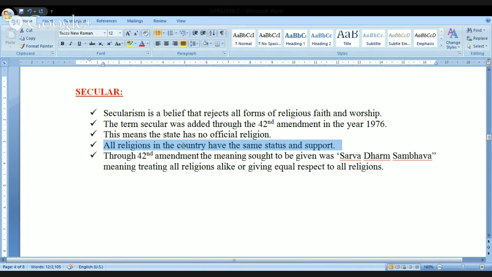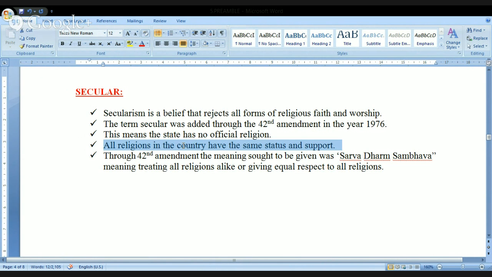Kindly see here, if you look at line number 1, secularism is a belief. And if you look at line number 4, kindly try to compare these two lines. Let me tell you some points. The first is a belief that rejects all forms of religious faith and worship. That is one form of secularism. But when it comes to line number 4, all religions in the country have the same status and support, meaning we are providing equal respect to all the religions.